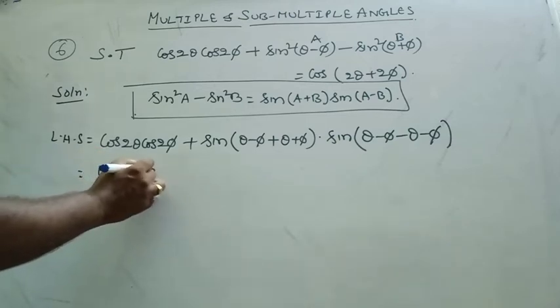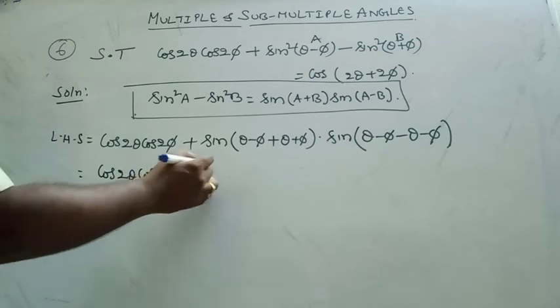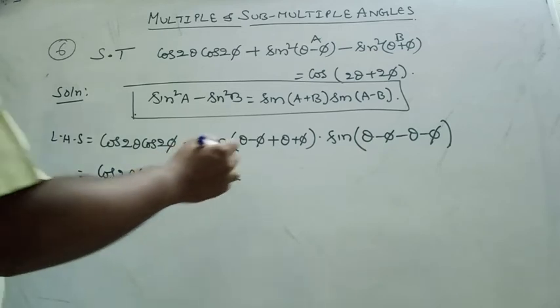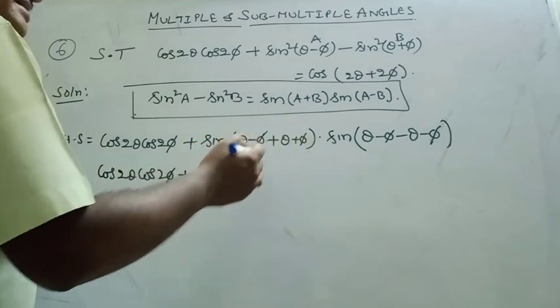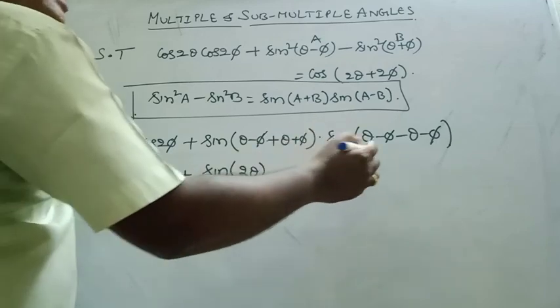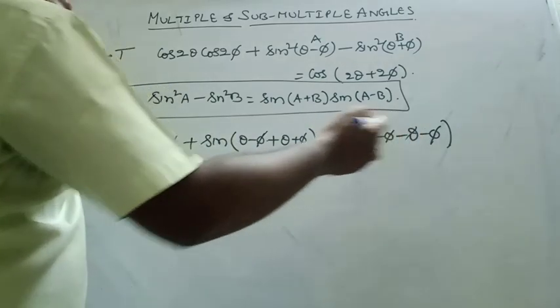Once we have it like this, what we have here is cos 2 theta into cos 2 pi plus sine of, the pi and minus pi will cancel here. That means you have sine 2 theta into, theta cancels, and sine of minus 2 pi.